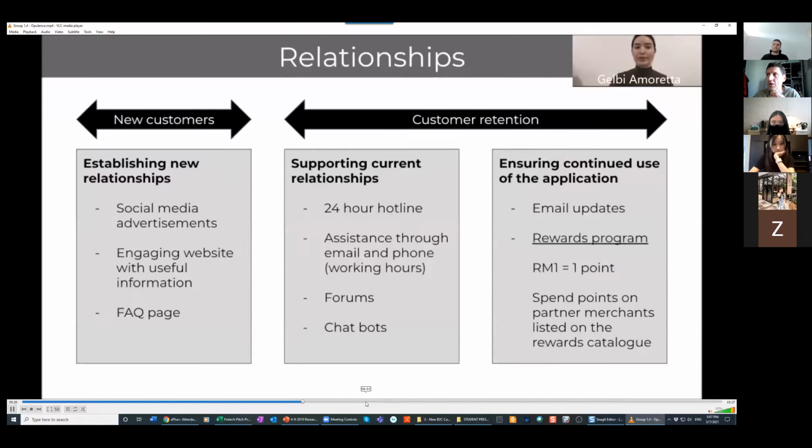And we have 2 main focuses on this, which on one side is establishing relationships with new customers, and on the other hand, still remaining focused on existing customers, focusing on customer retention. So to establish new relationships, we would still do social media advertisements, as mentioned before.